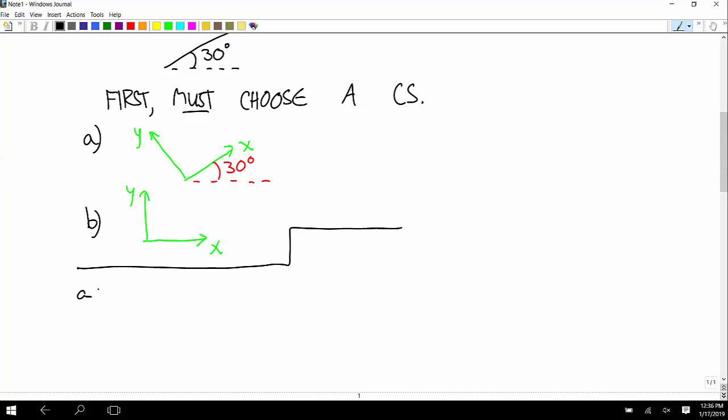Well, in the first case, you have a coordinate system like this. The vector is oriented exactly along the x-axis, and so the coordinates are just 1.5 in the positive x direction, 0 in the y direction.